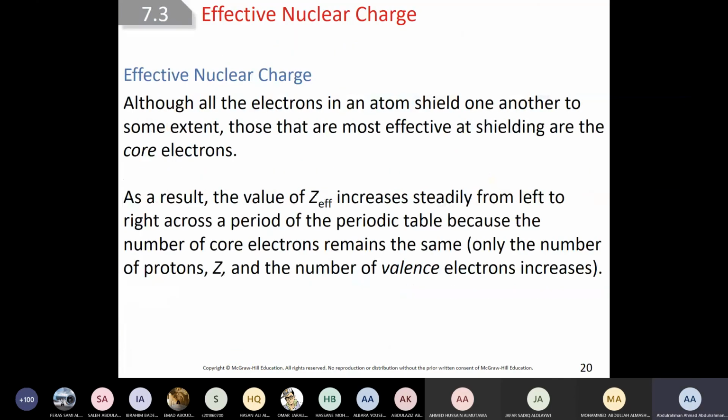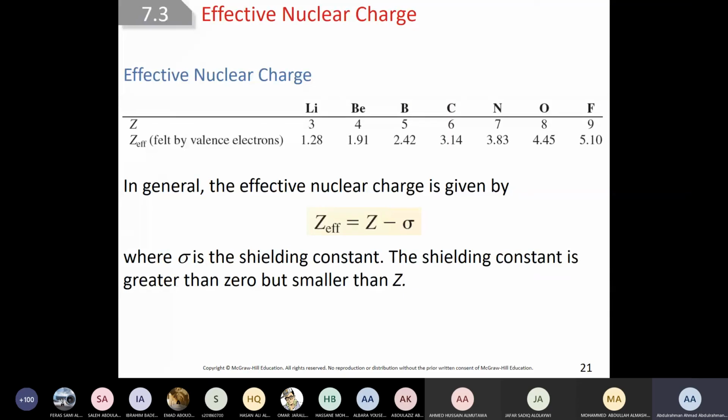Now, this is called Z effective, as I said. What is Z effective? What is Z, by the way? What's this equation? What's Z? Atomic what? Number. Exactly. What is sigma? Shielding number. Shielding, yes, it is a number, but it's actually shielding.